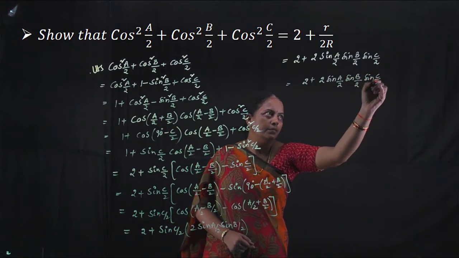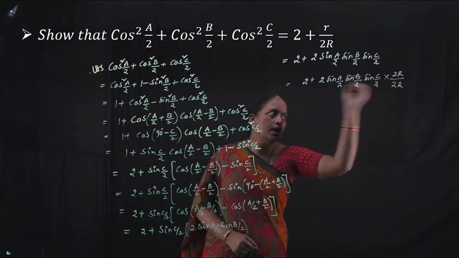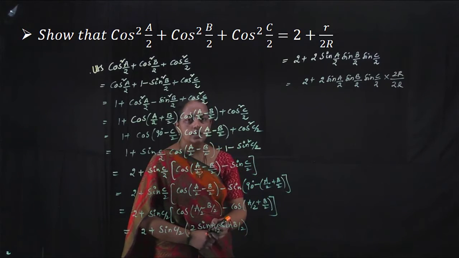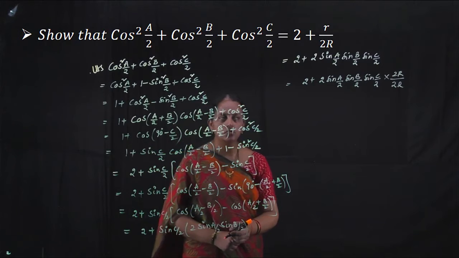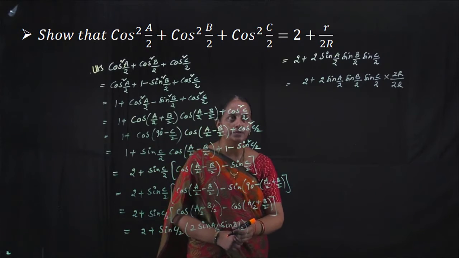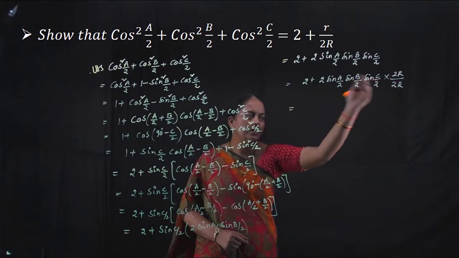Here it can be multiplied and divided by 2R, since the answer is in the form of small r, and we know that small r is equal to 4R sin A by 2 sin B by 2 sin C by 2. For that purpose, we can multiply and divide with 2R.